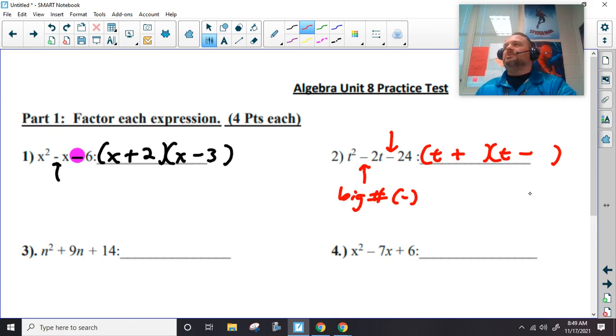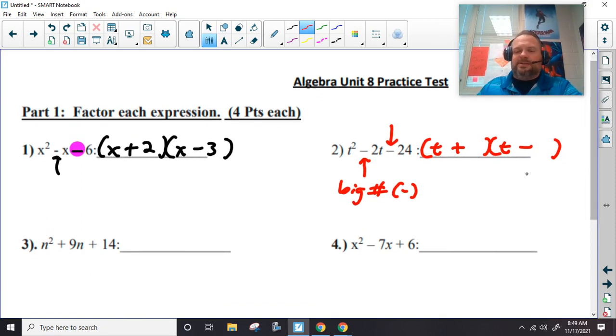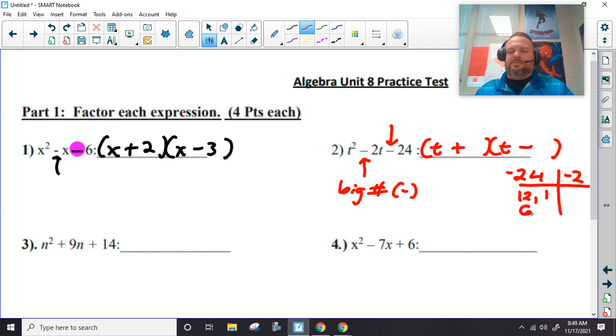So, if you were listing, because remember I showed y'all this, you could actually list these factors. Some people are going to go 12 and 2, 6 and 4, 8 and 3, and just make this negative.